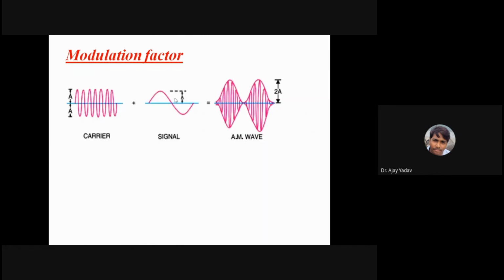If you can see here, I have the carrier signal, I have the data signal, and I have the AM signal. Here the minima on the upper side and the minima on the lower side, with respect to the equilibrium position, are touching each other. Am I right?